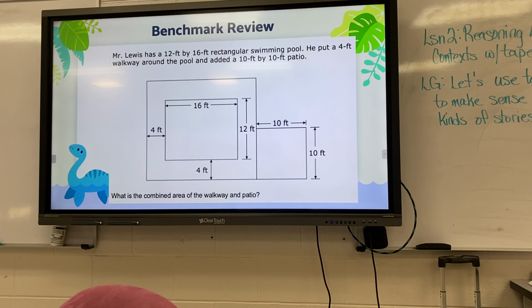Well, I see one square, the 10 by 10 piece off to the side. What are the other 2 shapes? You see two more shapes? Do you see a rectangle inside of a rectangle? Okay. So what are we wanting to do?